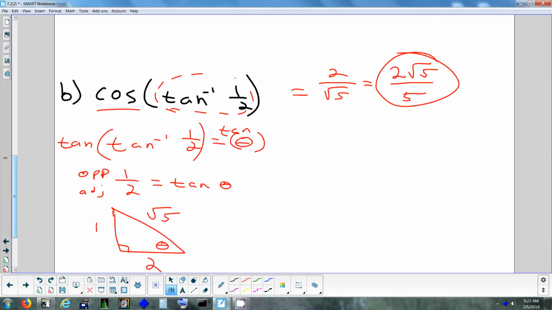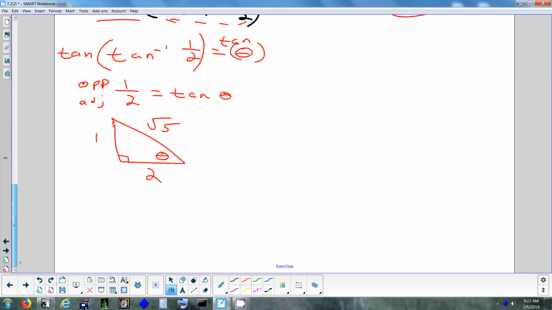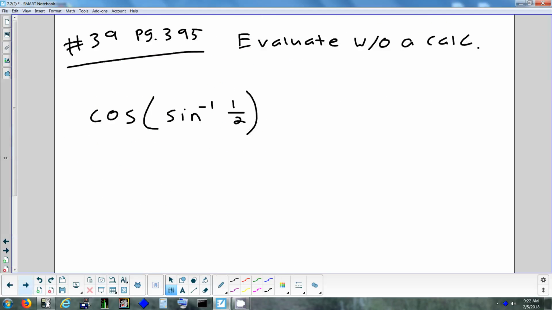And they would look for an exact answer here, not as a decimal, without a root in the bottom, okay, on the test. Questions on that one? All right. That's another one very similar to the one we just did. Any questions on how to do that? So the inverse is on the inside, so you draw your diagram, use Pythagorean Theorem, and then go from there.